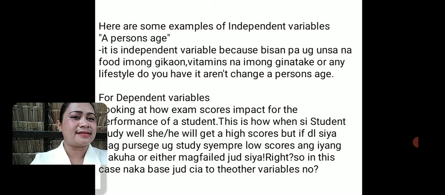So in this case it is based on the theoretical variables. It depends on whether the student studies, so meaning to say the score is high. So there are connections because it depends. It is clear that it is dependent, because it can't exist if the other is absent, right?